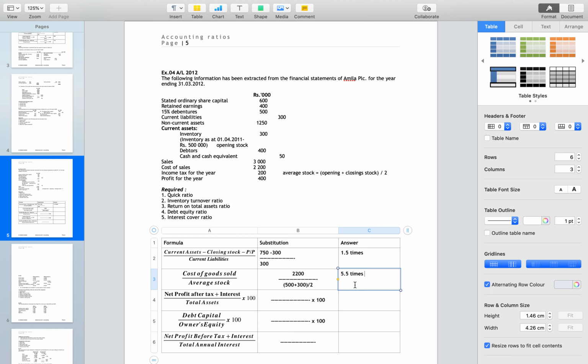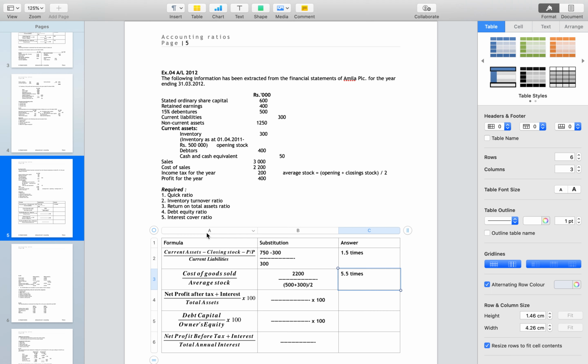So again, what do you mean by 5.5 times? 5.5 times means in a given financial year, 5.5 times you have sold your stock and converted that either to cash or you have sold it on credit. The basic point is the number of times you have sold your stock in a given financial year is what is explained through this ratio. So for decision making, the higher the inventory turnover, that means the more number of times you're selling stock, it's always better for the company.